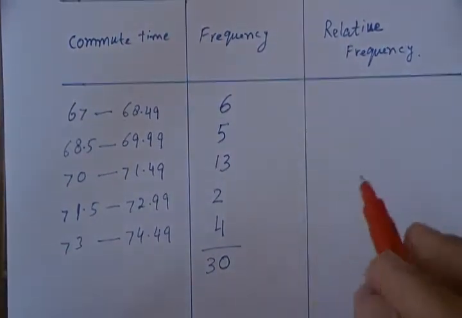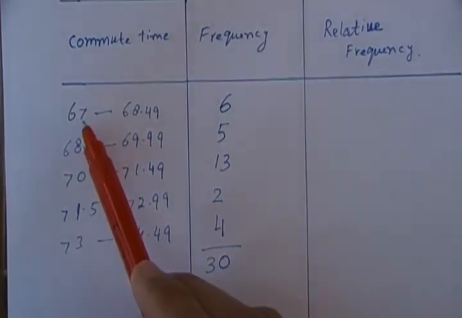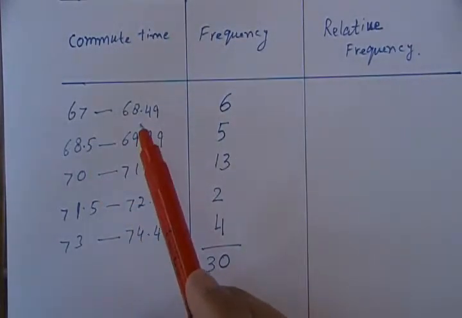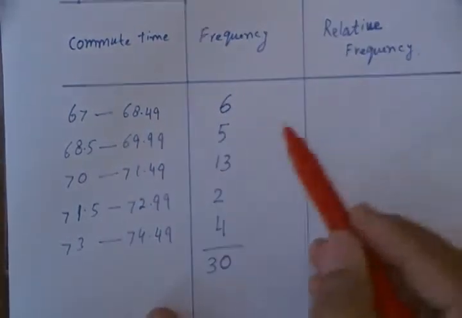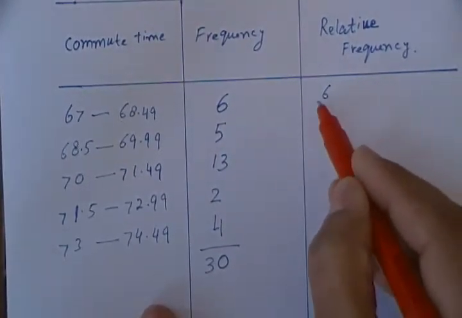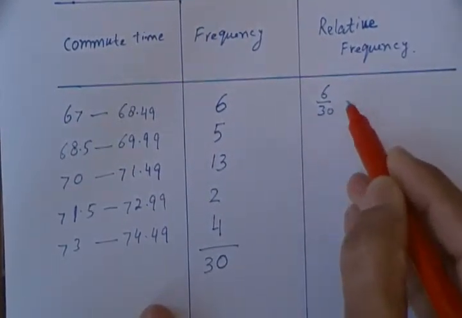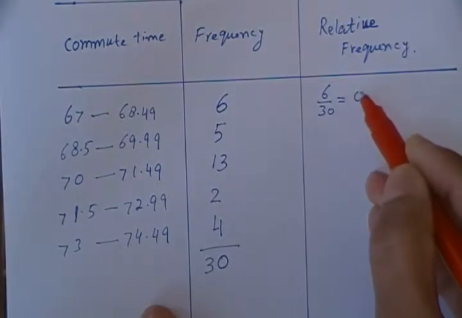For relative frequency, for the first class, which ranges from 67 through 68.49, there are 6 observations. So relative frequency means 6 out of 30.